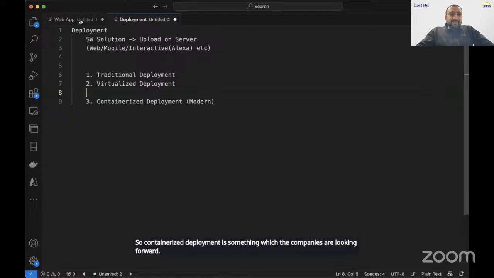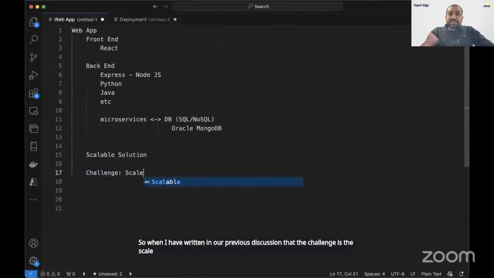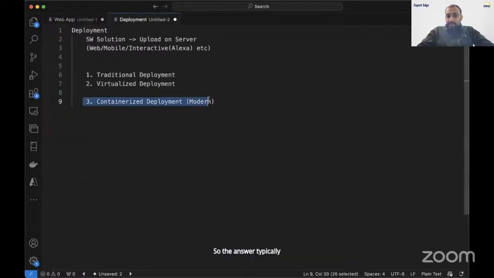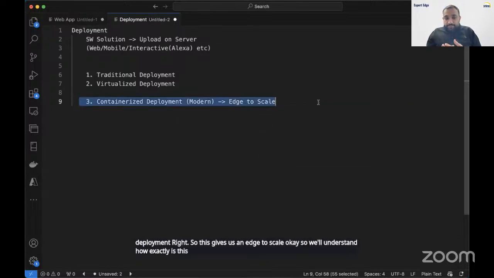So when I wrote in our previous discussion that the challenge is scale, how do we scale the solution? The answer typically comes from here, right? If we have containerized deployment, this gives us an edge to scale. So we'll understand how exactly this is going to work for us.